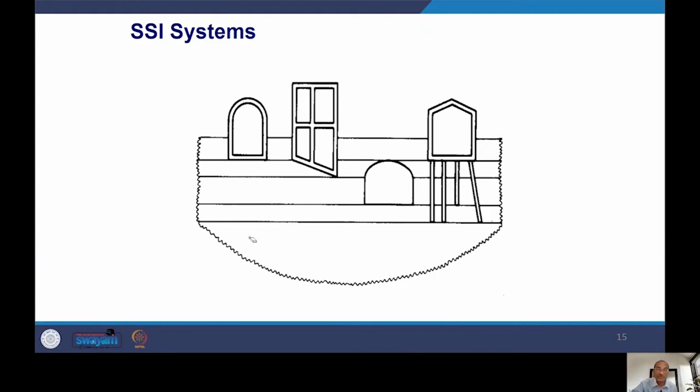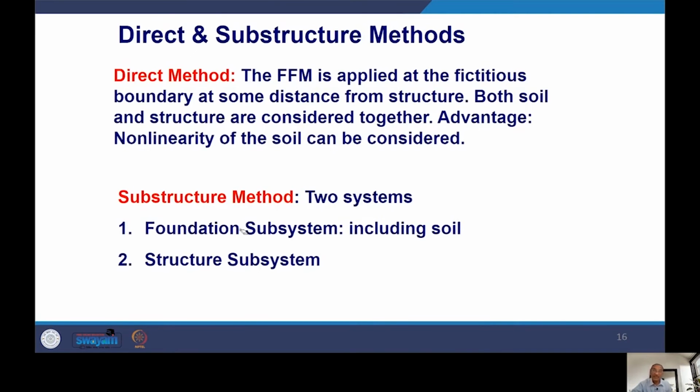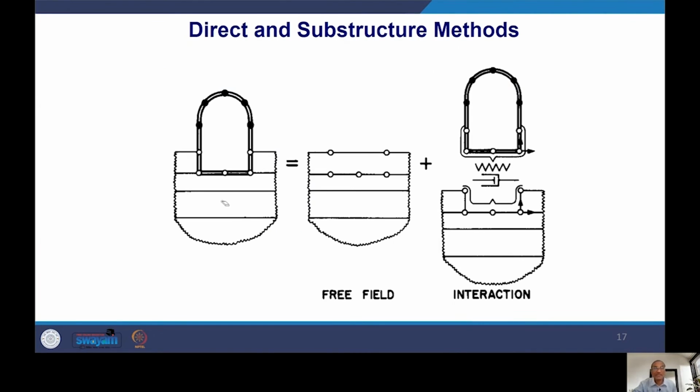So continuing with this, now coming to the direct and substructure methods of analysis for SSI analysis. In direct methods, what you do is you consider some part of the soil and the structure itself, which is shown in this figure, and analyze together in one go.